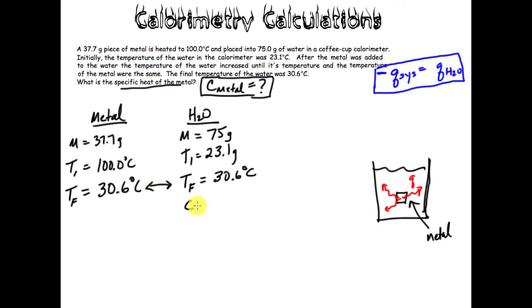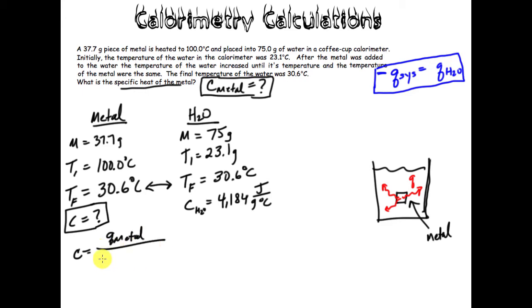Well, we know the specific heat of water is equal to 4.184 joules per gram degree Celsius. We're looking for the specific heat of the metal. In order to find the specific heat of the metal, we need to know the heat that the metal released, because we know it's releasing heat, and we need to know the mass of the metal and the change in temperature of the metal.